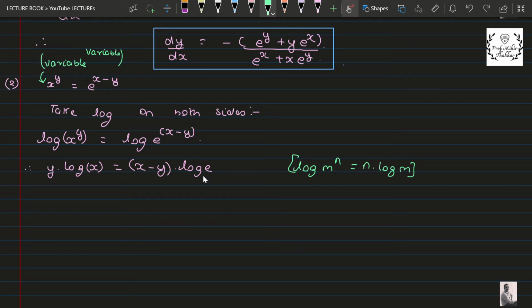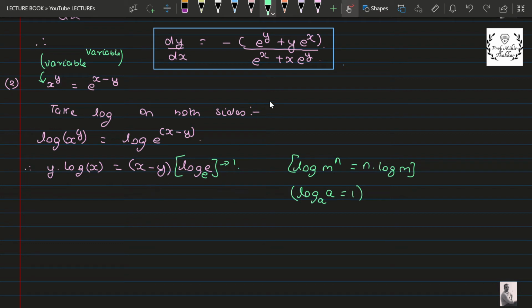Now, in case of calculus, the base of this log is e. So we have a property of log according to which log of any number to the same base is 1. Therefore, this element will become equal to 1.